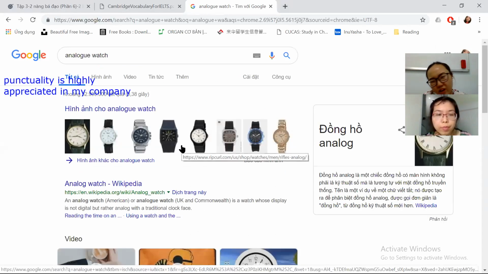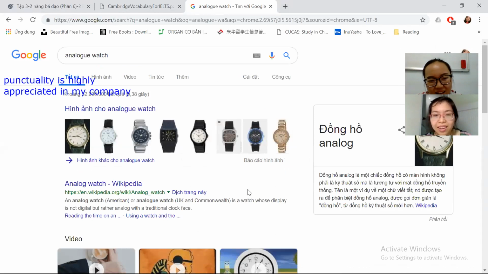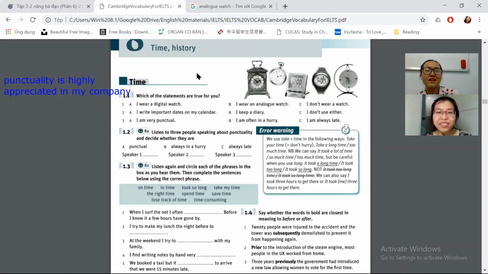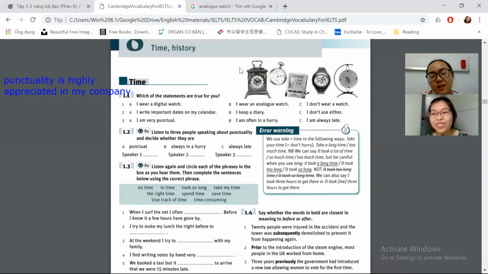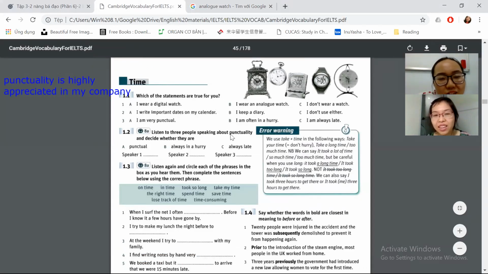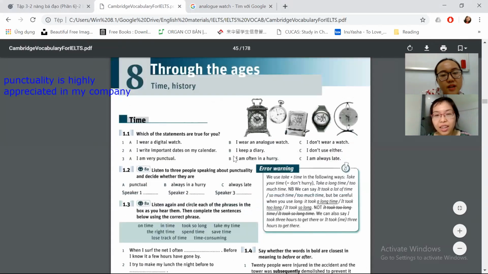I think it's like đồng hồ kim. We call it đồng hồ kim or đồng hồ cơ. I don't know also. Yeah, analog watch is like đồng hồ kim, and digital watch is đồng hồ số. Oh yeah, đồng hồ số and đồng hồ kim, right? Okay, very good. So which one is true for you?